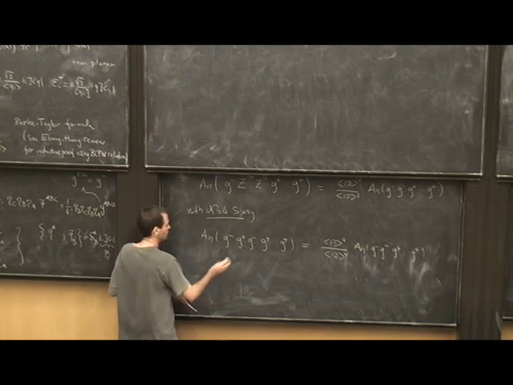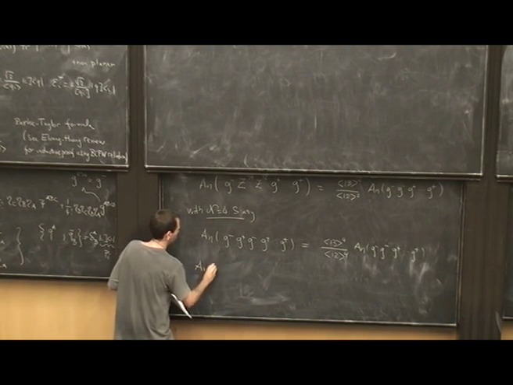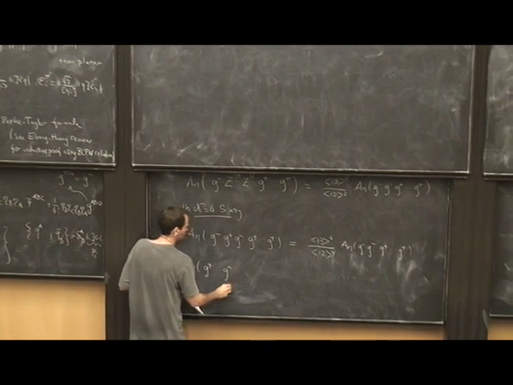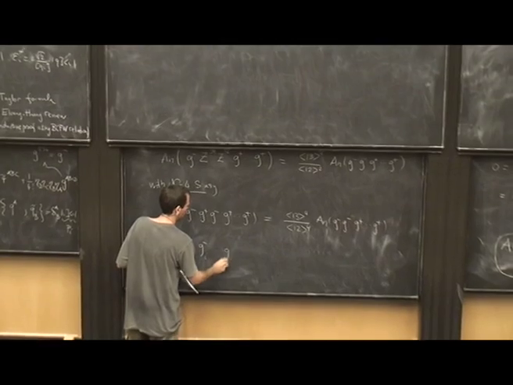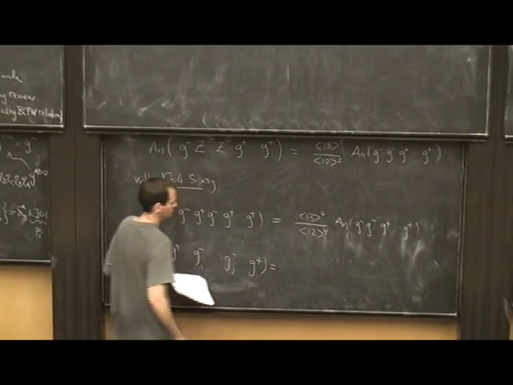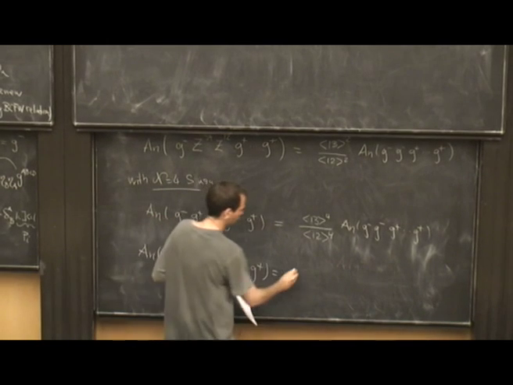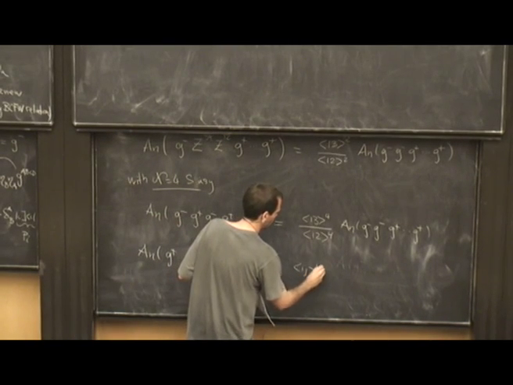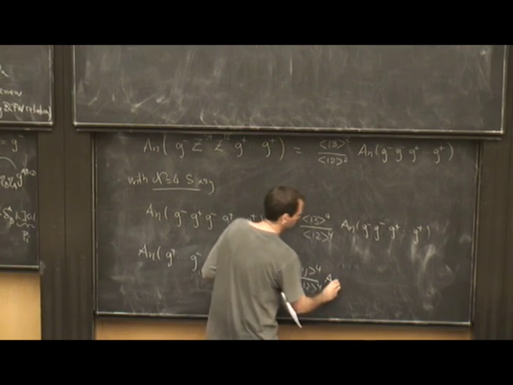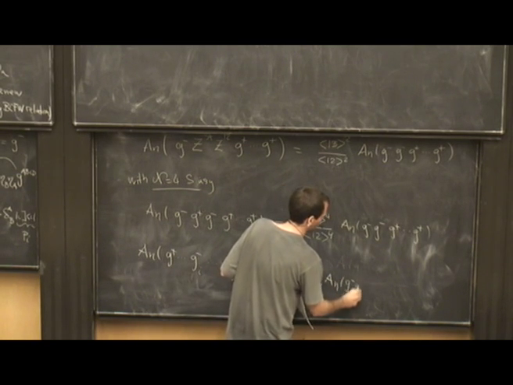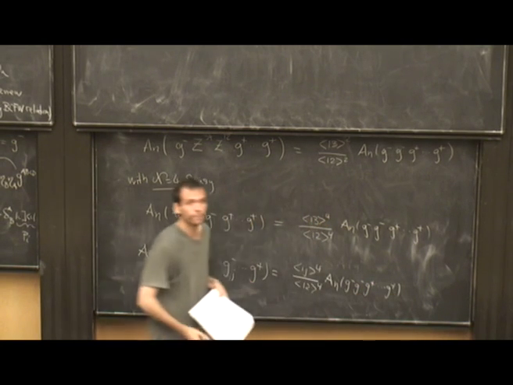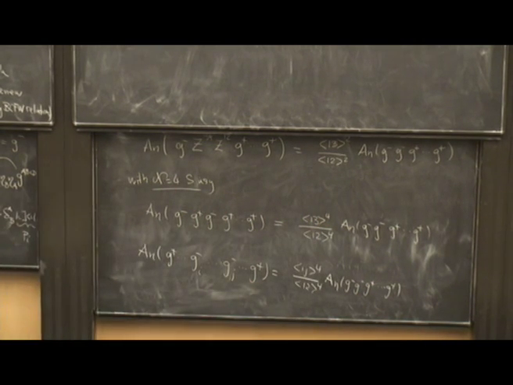In other words, if you keep playing like this, you get a more general formula. You get that this is <ij> to the 4 divided by <1 2> to the 4 times the amplitude with g minus and g plus.